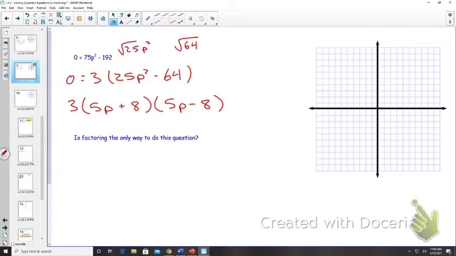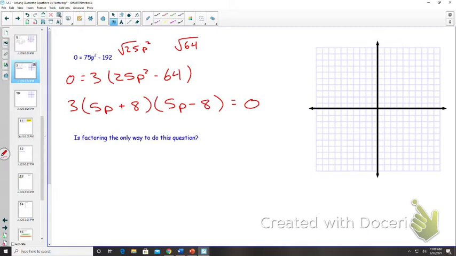Now what? Now we can turn that 5p in. You couldn't go 0 plus 8 now and 0 minus 8. No, you're right. How am I going to get rid of this 3?